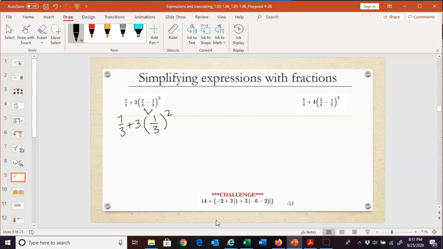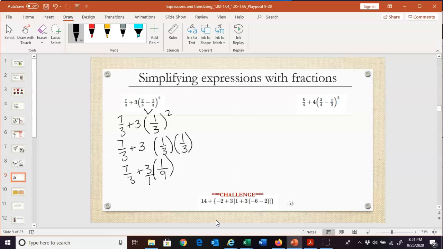Here we go. Now we're going to square this, right? We're going to do the exponent. And you square a fraction just like you do a whole number. You just write it twice. So remember, with multiplication, all we do is multiply straight across. 1 times 1 is 1. 3 times 3 is 9. Now, depending on how you see this, you might want to make this a 3 over 1 so you can multiply straight across.